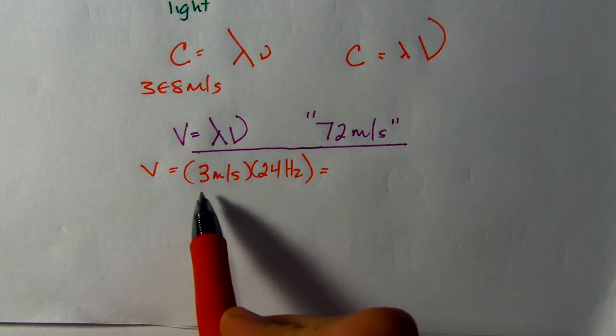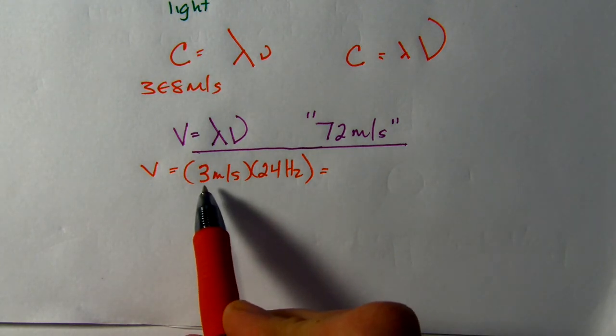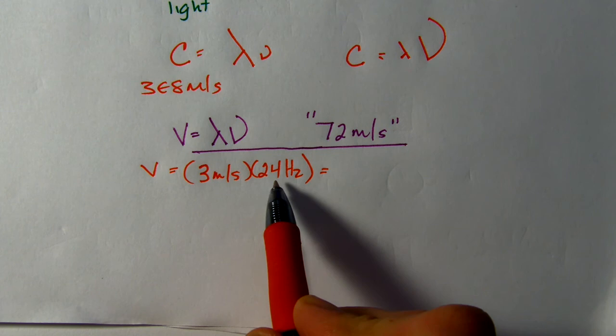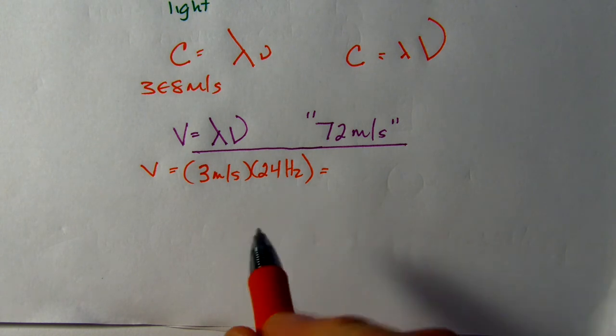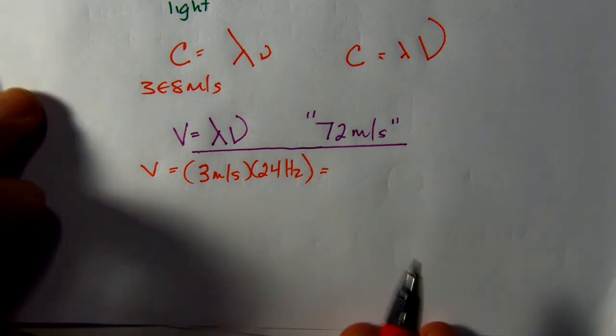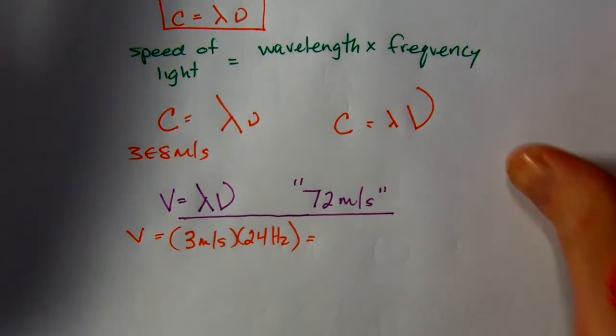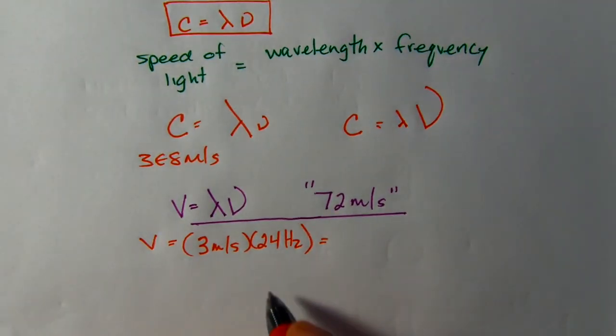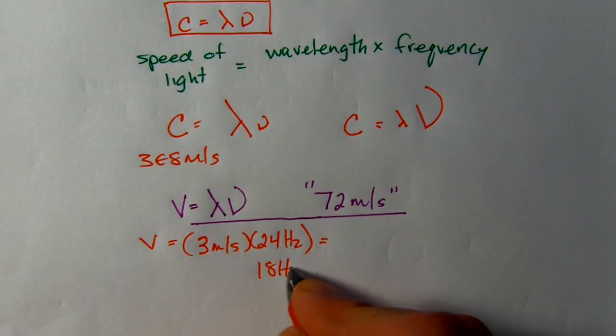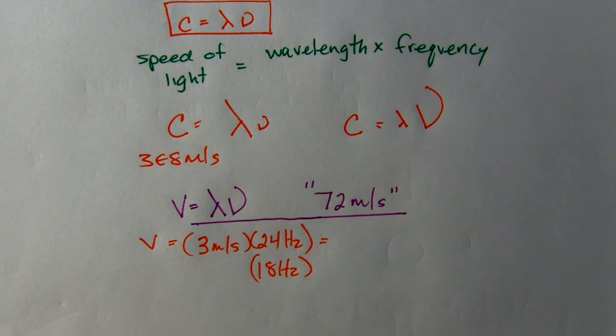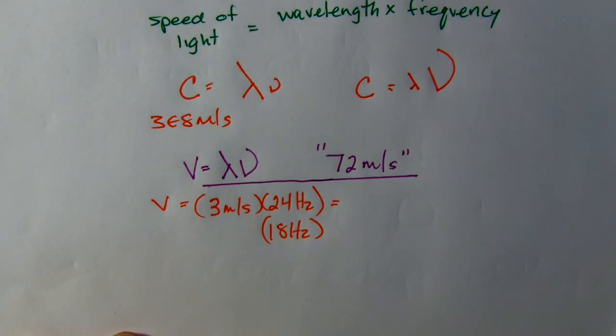But if you make, right, V has to be the same. But if the wavelength of 3 gets longer or you vibrate slower, right, you shake that rope less frequently, then we just pick a number that's less than 24, and a very convenient number would be 18 vibrations per second. You cannot do that with your hand, but you could do it with a small machine. Okay?